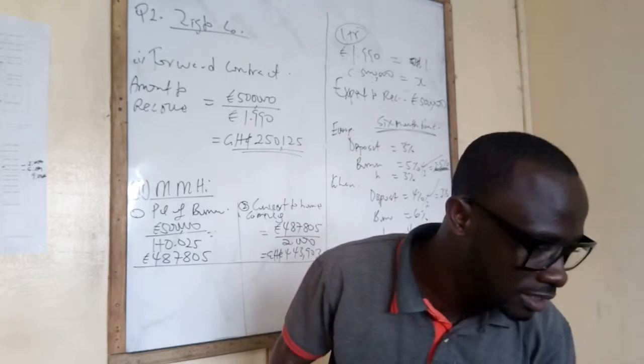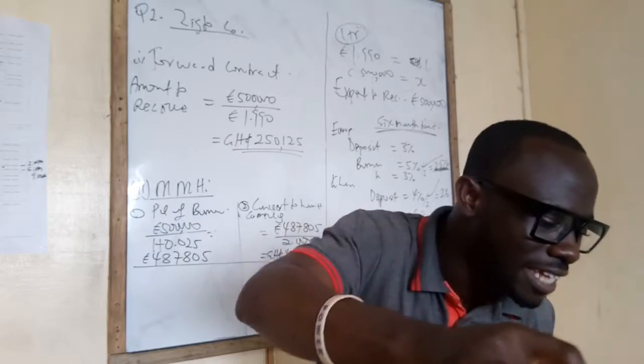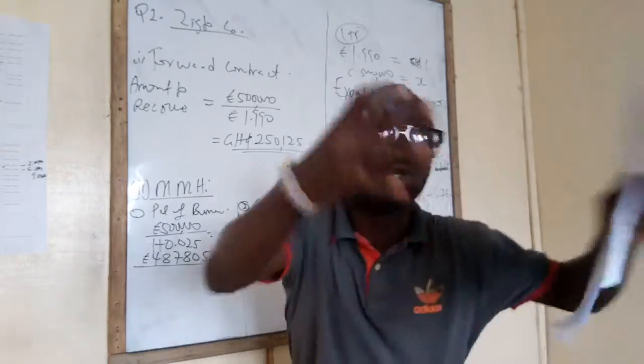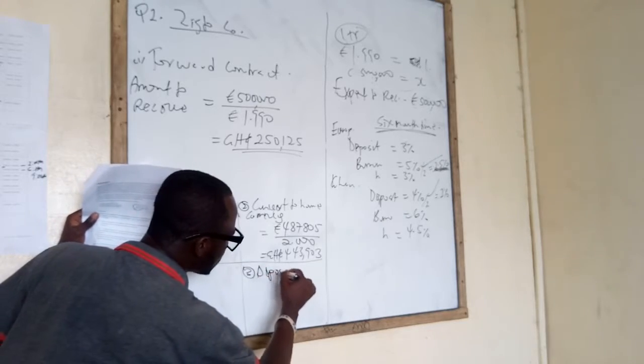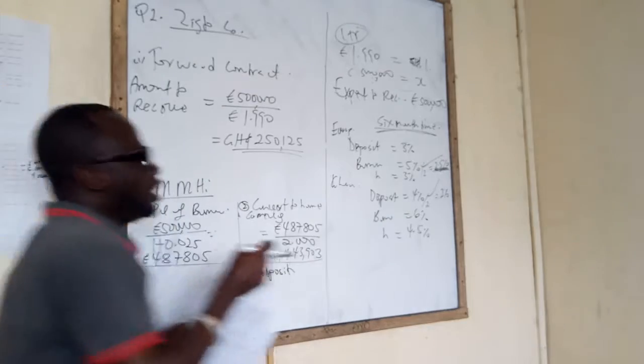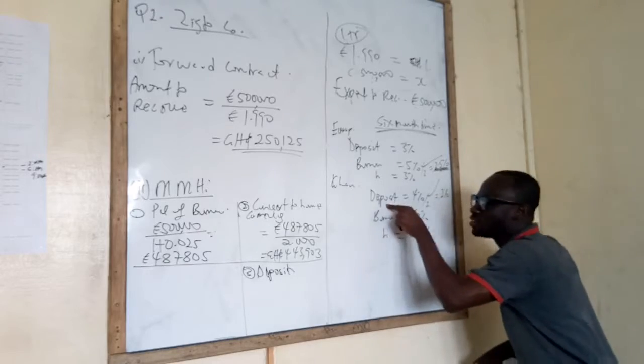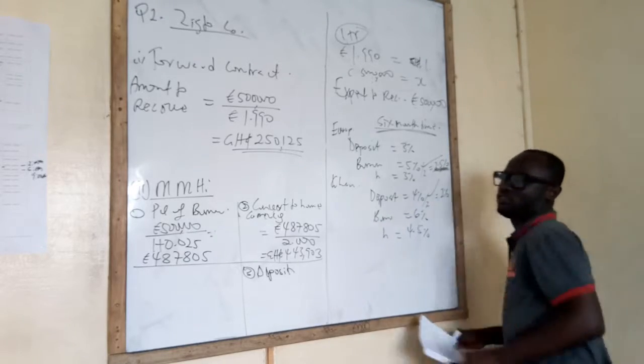Then the third step is deposit the domestic currency in a deposit account to earn interest. So number 3, we're going to deposit. Now we have the Ghana cedi, so we put it in a Ghana account, and we earn this interest.